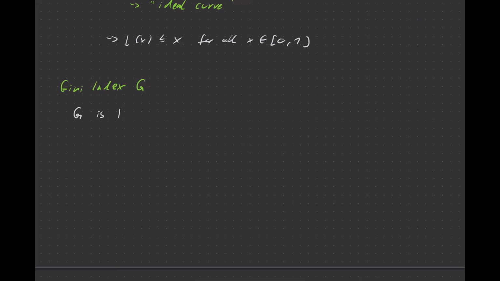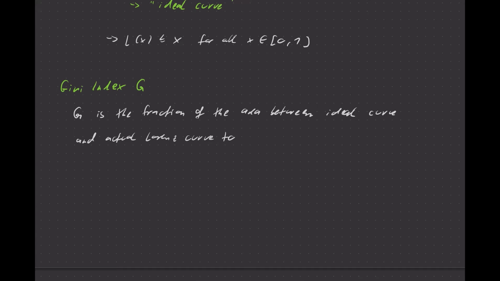So G is the fraction of the area between the ideal curve and the actual Lorenz curve to the area between the ideal curve and the x-axis.